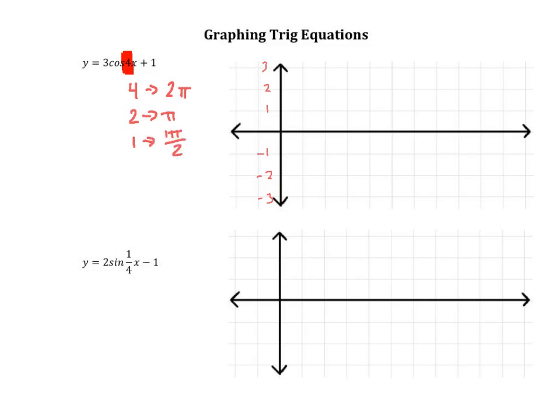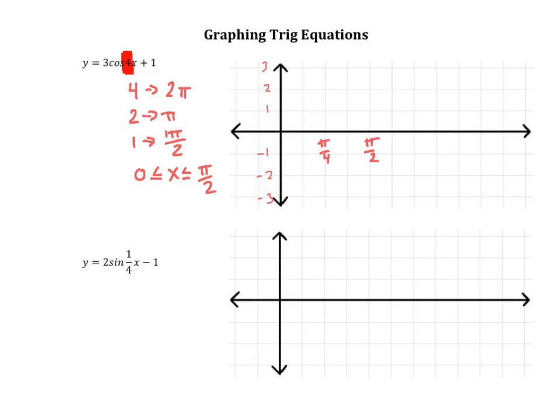So my range on my x-axis is going to be 0 to pi over 2. So that means the fourth line, 1, 2, 3, 4, is going to be pi over 2. Well, half of pi over 2 is pi over 4.